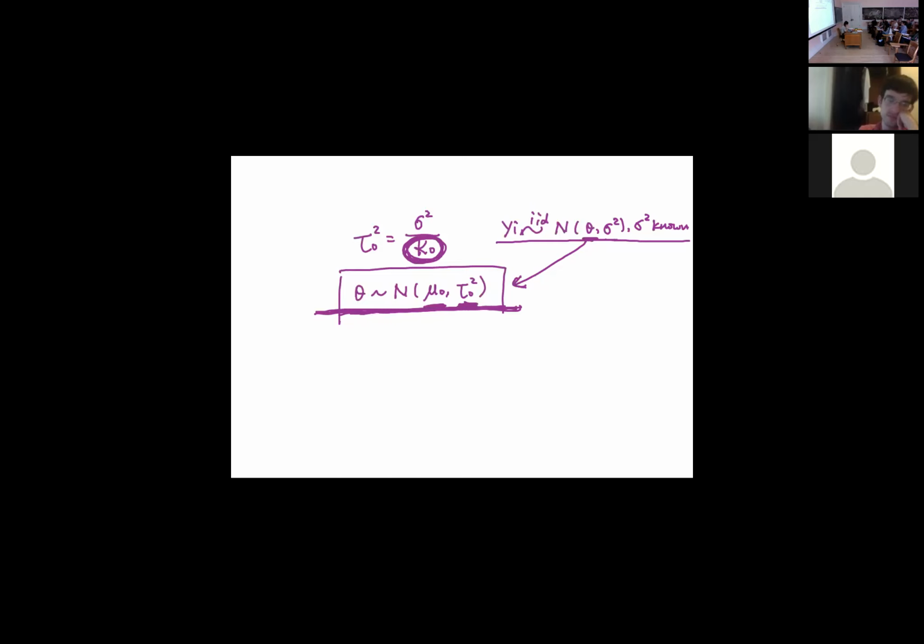To me, to be honest, it's more for pedagogical reasons that you start with kappa 0, so you can start feeling, okay, if you think of this as the prior sample size, the larger the sample size, the more confident you are about your prior, okay?